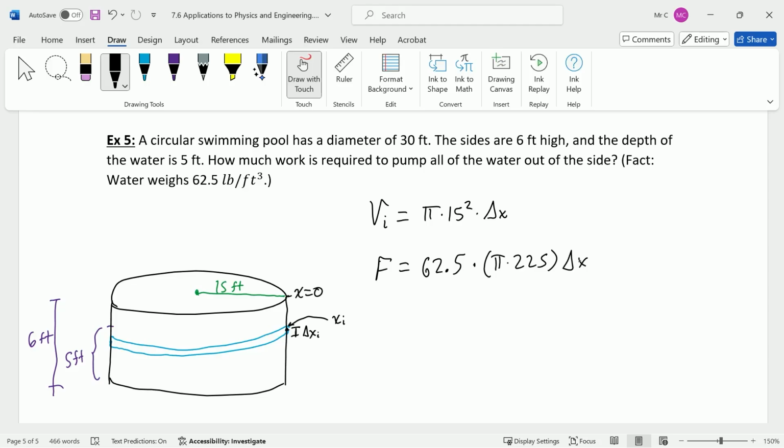Okay, and so let's go ahead and plug 225 and 62.5 into a calculator. So what do we get here? We get 14,062.5 times pi delta x.